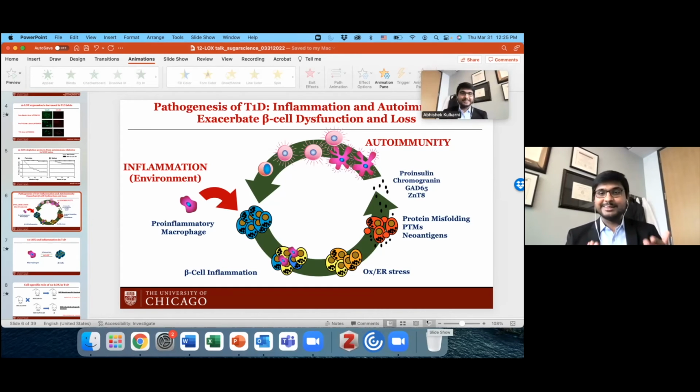We don't know whether 12 LOX is the initiator of inflammation, or whether inflammation initiates or exacerbates 12 LOX activity. And there are reports that both ways, induction of inflammation and activation of 12 LOX, are possible. So it's still a great question, and we are trying to address that. But at this stage, that's the only answer I have.